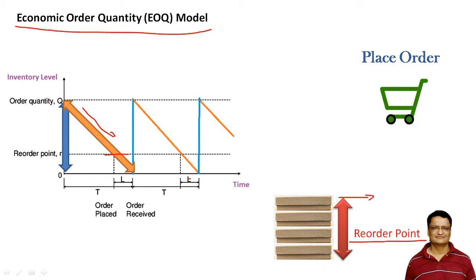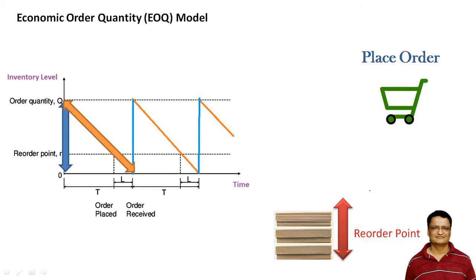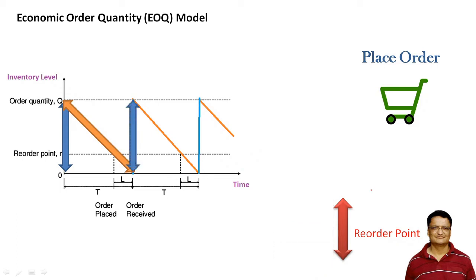So when stock is at this level, you have to place the order, because it is going to take certain time for the order to reach you, and until then you can use this stock, right? So at this reorder point you place the order, and the consumption continues, and by that time you will receive the new order, right?